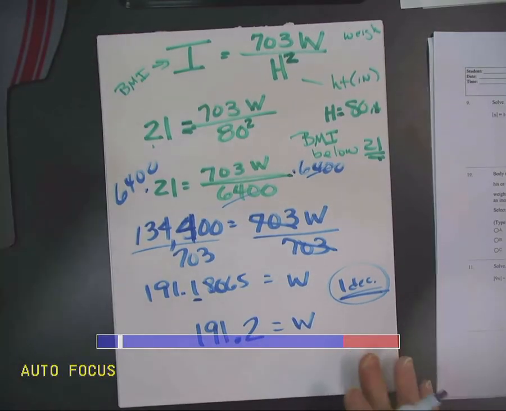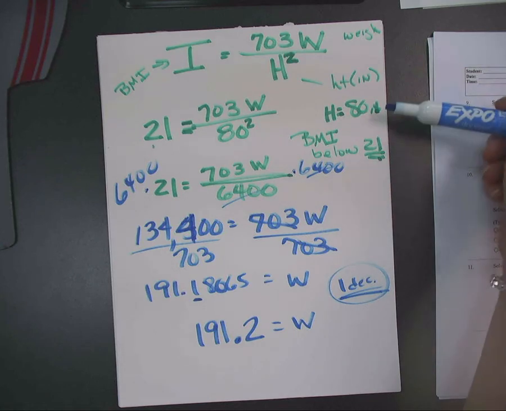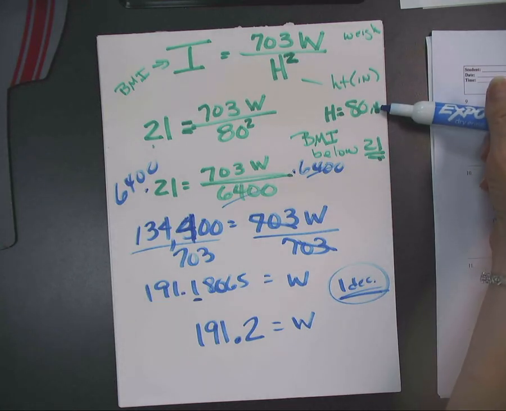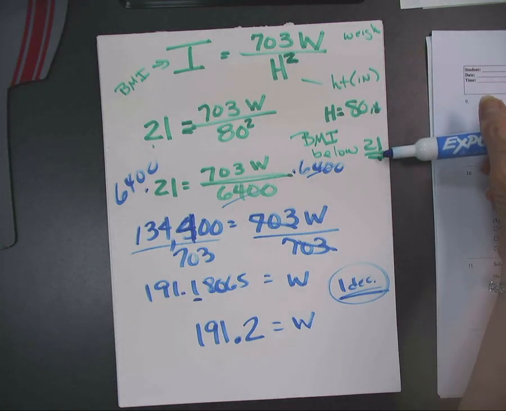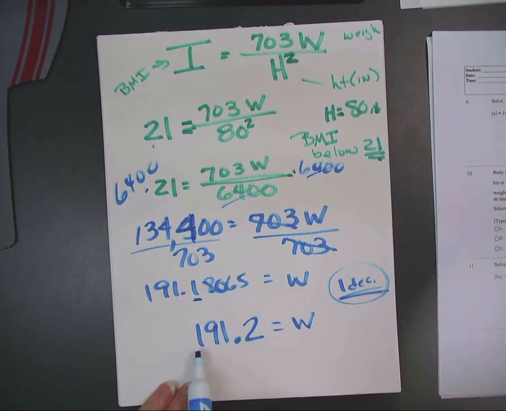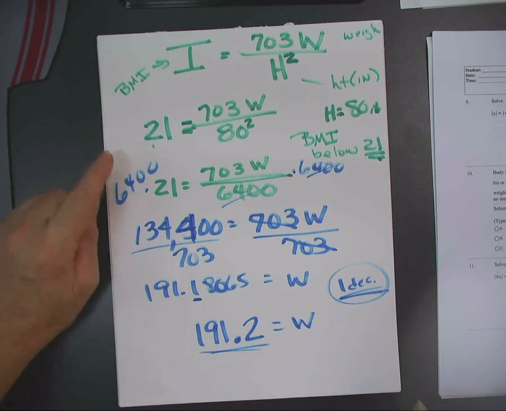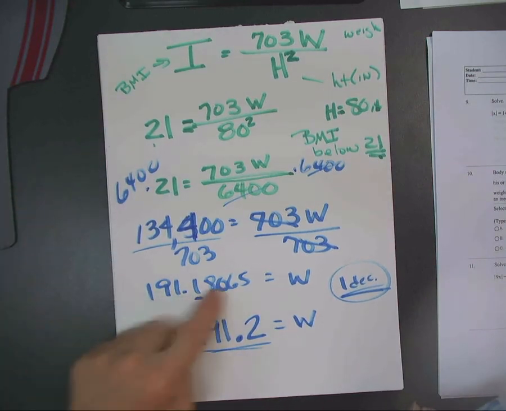So the problem said that you want to keep a person at 80 inches, you want to keep the body mass index below 21. This is the weight where it's 21 exactly, or kind of exactly.